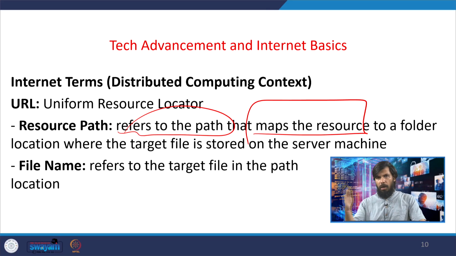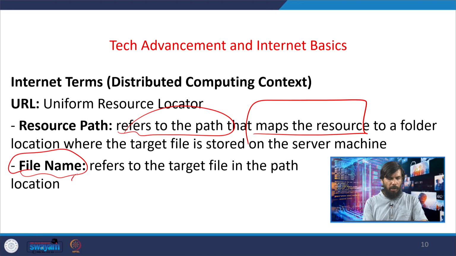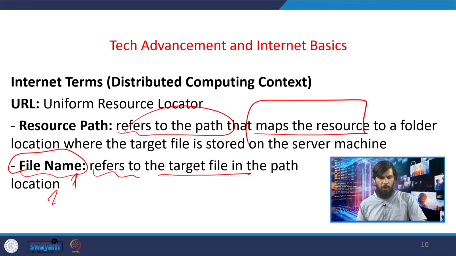The full path to that target file is to be specified in the resource path. That mapping is done by the resource path for the target file. And obviously the target file will have its own file name, which refers to the target file in the path location. Those are all the elements of a URL.